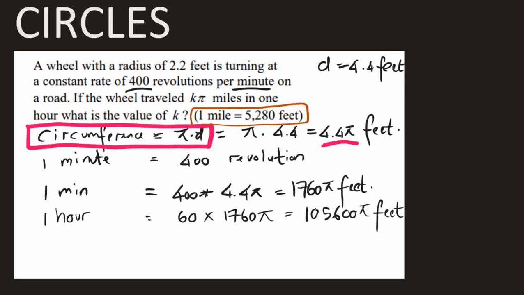To convert from feet to miles, we divide by 5,280 to get the distance in miles. With a calculator, we get 20 pi miles. So the value of k is k equals 20.